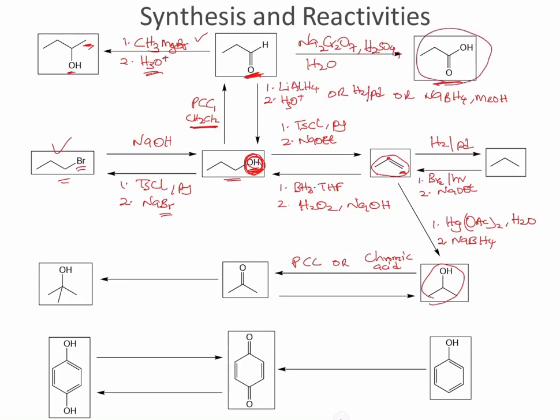It has to stop at the ketone. This reaction is also reversible, so we can do reduction using any of these methods we mentioned here. Okay, so we can do reduction to get us the alcohol.